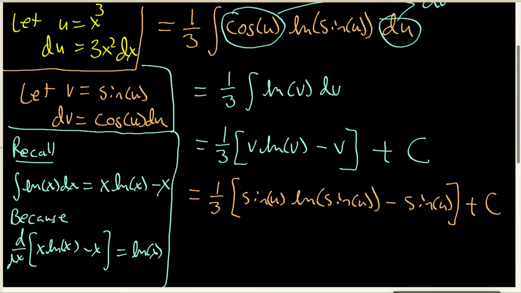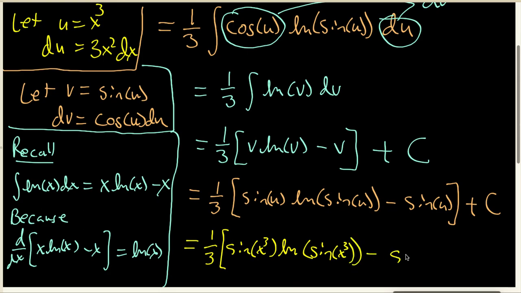Now, to get the final answer, I have to remember that up here, u is equal to x cubed, and so I'm going to plug that in for all of these u's. And when I do that, my final answer to the problem becomes 1/3 times the sine of x cubed times the log of the sine of x cubed minus the sine of x cubed, and then I add whatever constant I want to.